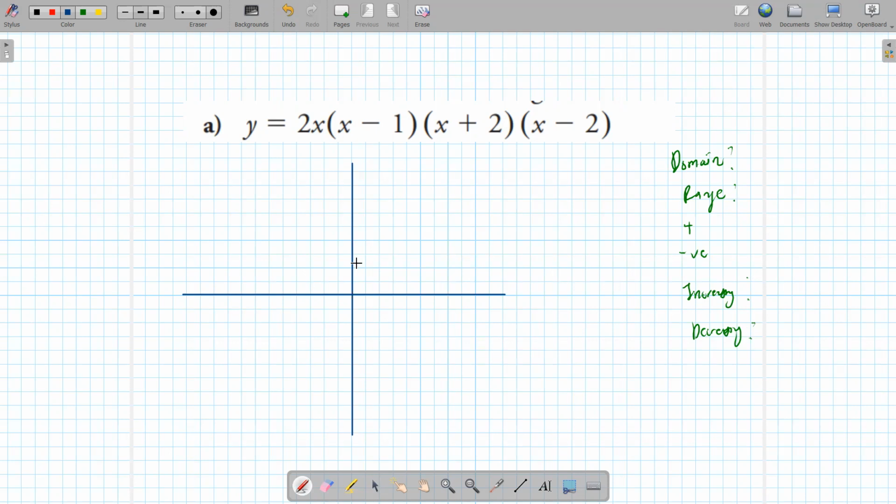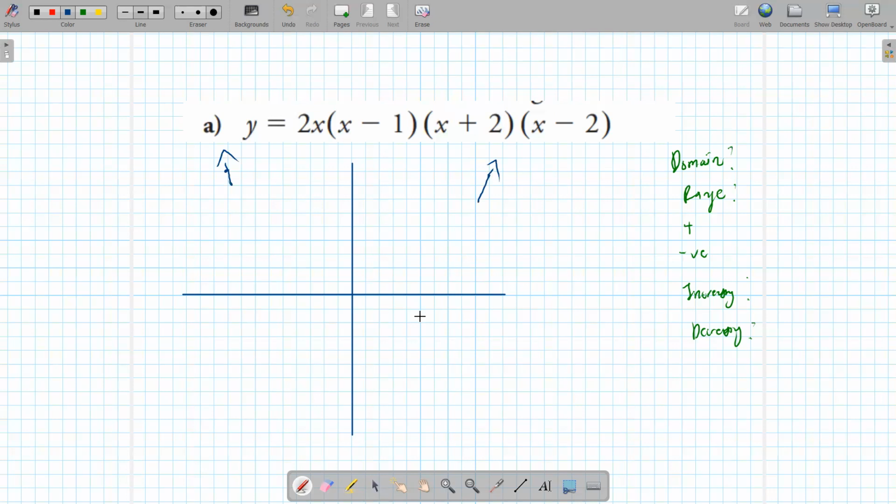Positive 4 is the same as positive 2. So it starts in the second. Where does it end? The first. Yeah, that's it. Second to first. Where are the zeros of this function?